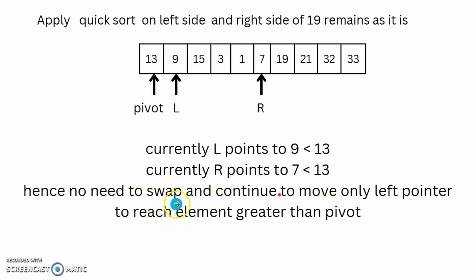So no need to swap, but continue to move only the left pointer to reach the element greater than pivot, because on the left side I am looking for the value greater than pivot, but the current value is less than pivot. But in case of the right pointer, it points to the value which is less than 13. So I am moving only the left pointer.